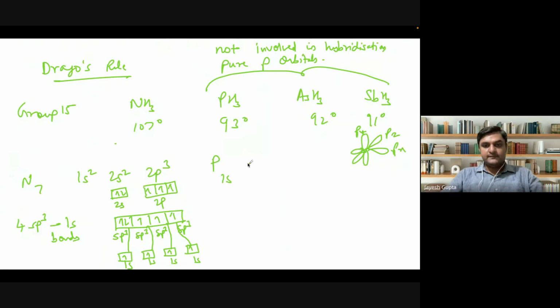phosphorus is 15, 1s2, 2s2, 2p6, 3s2, 3p3.